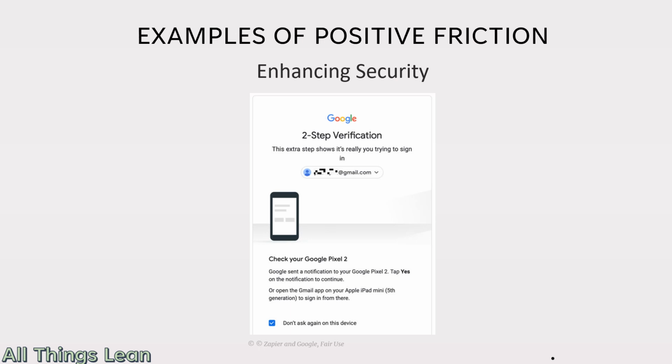Apps on your phone will often ask you to authenticate actions using biometrics, that is, your fingerprint, voice, or face, rather than sending you a code via a secondary method, which is slightly faster but still a point of positive friction.